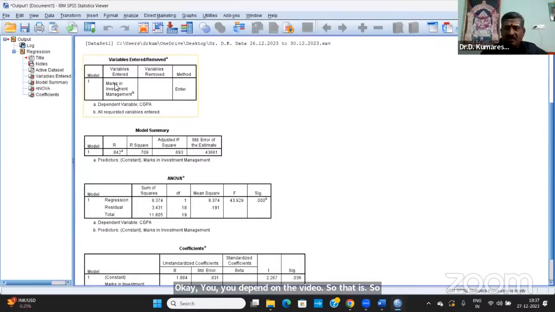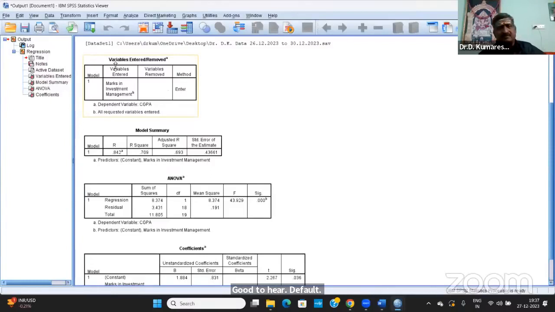Suppose we are giving more than one independent variable, any of these independent variables may be removed. But here, the default method is the enter method.